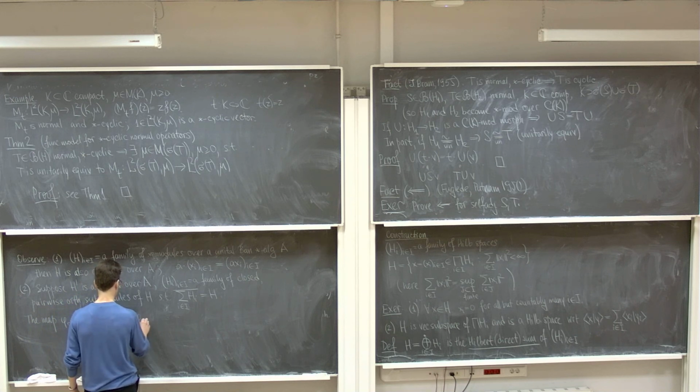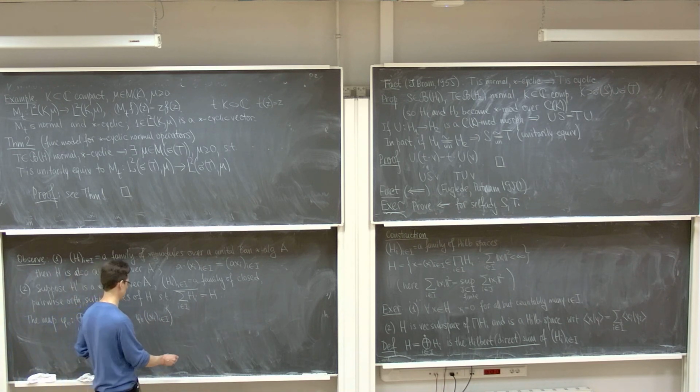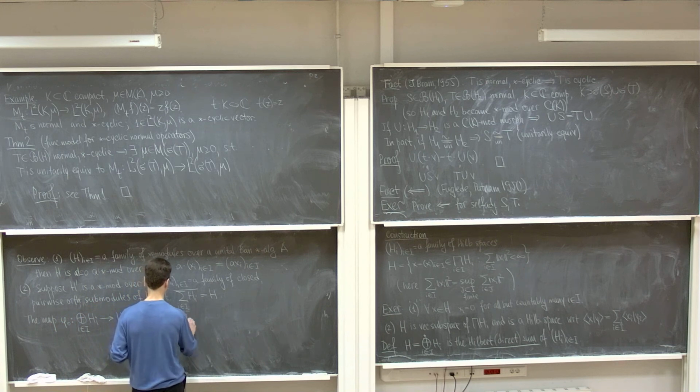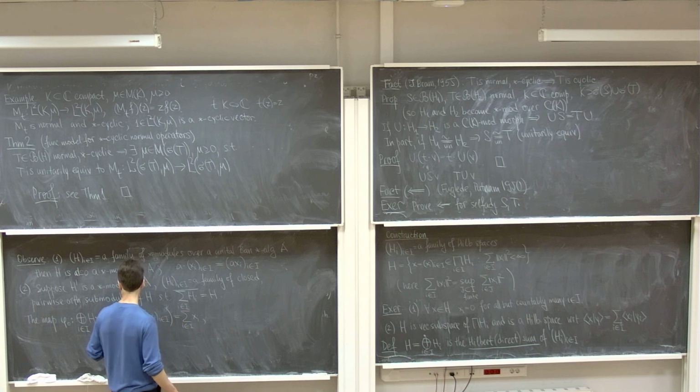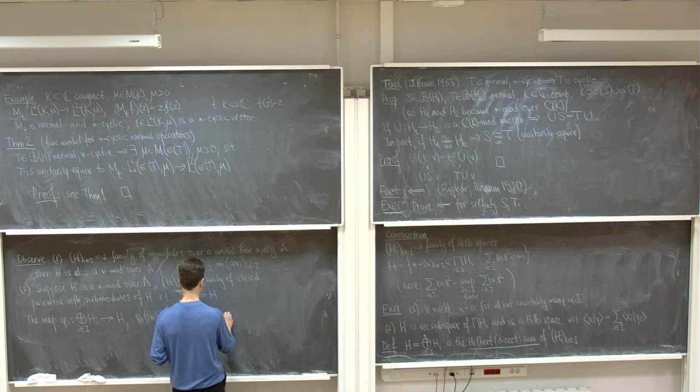So phi 0 takes each such family. An element of the algebraic direct sum is a finite family of vectors. It takes x_i to their sum. And this map, first of all, is an A-module morphism.